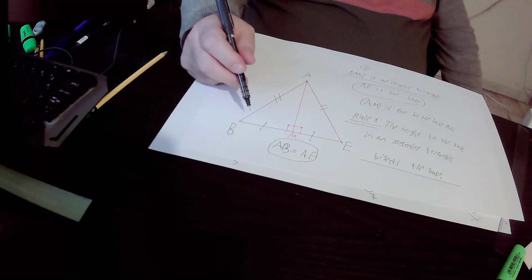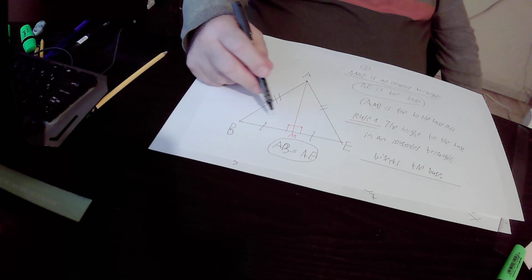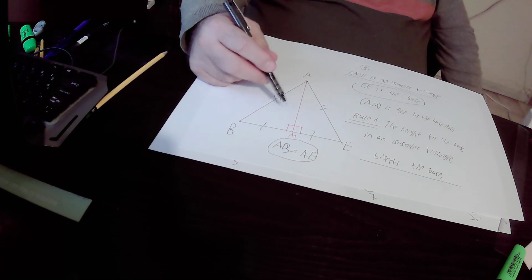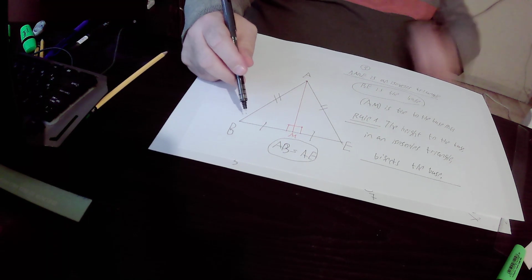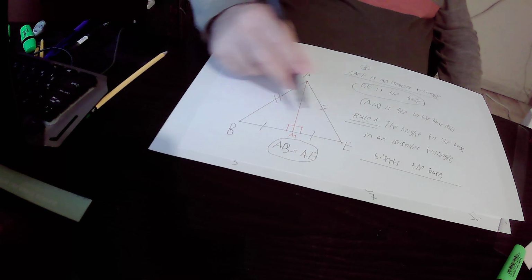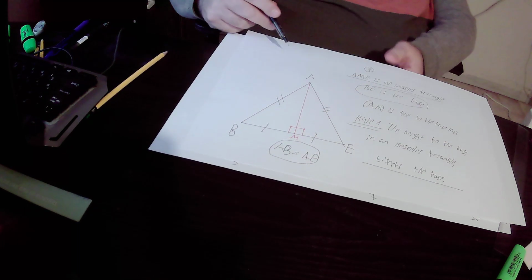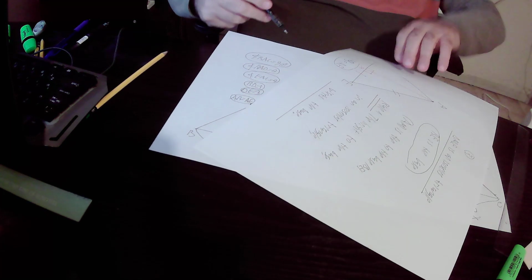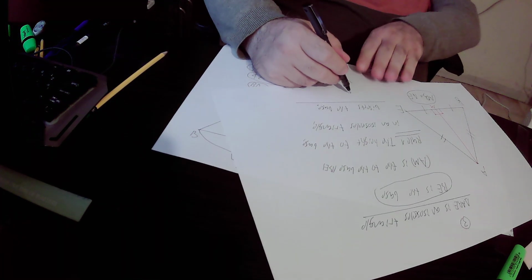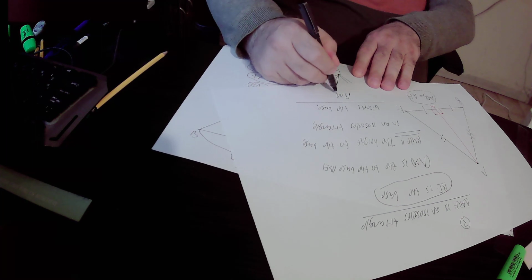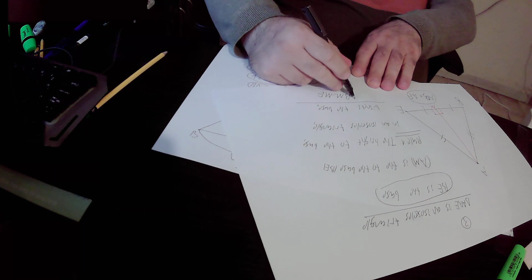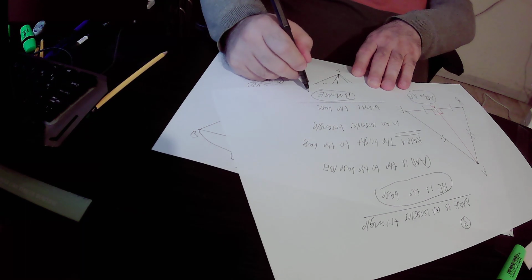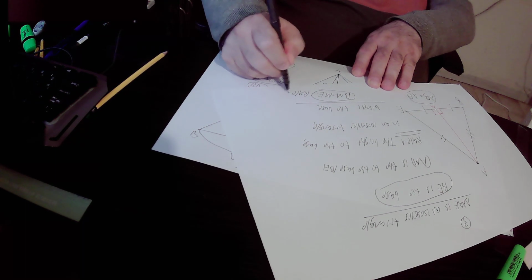So BM equals ME because AM bisects the base BE, that is, it divides it into two equal parts. Okay, so I will write it down. According to rule number 1, BM equals ME.